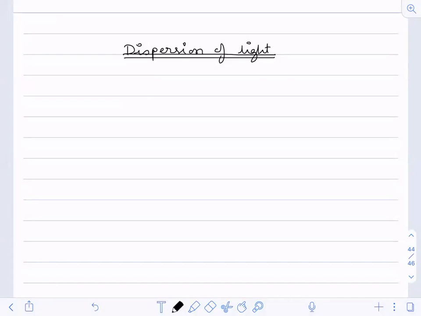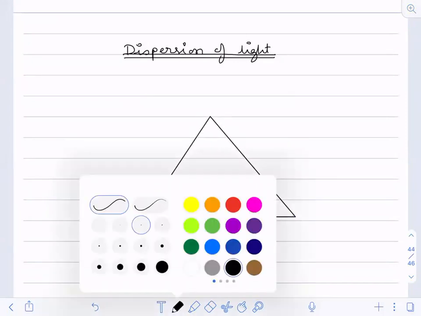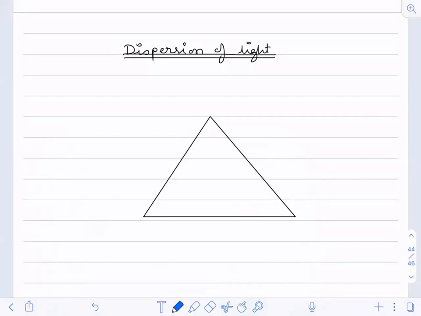That's all what we have to study over here. So if we have a prism, and if we have this white light which gets incident on one surface of the prism, this white light will split into 7 colors.